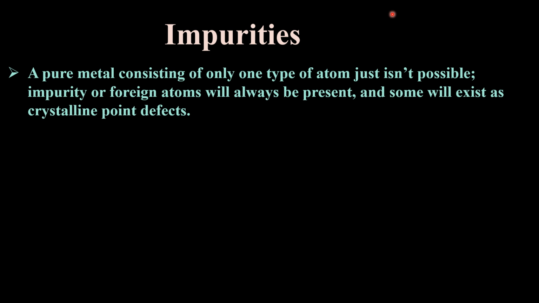Sometimes we intentionally add impurity atoms to induce specific desired properties in the material. For example, sterling silver is 92% silver and 8% copper.